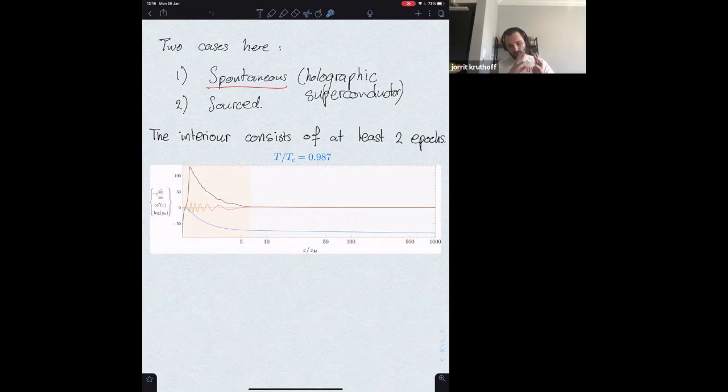And so there's a lump of scalar field in the interior, but the source on the boundary is zero. And in that case, the interior is a lot more intricate, and it consists of at least two epochs.